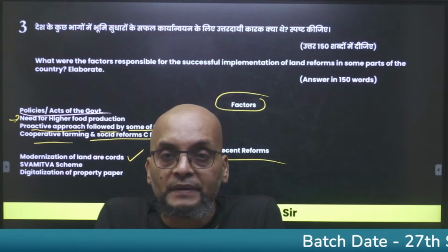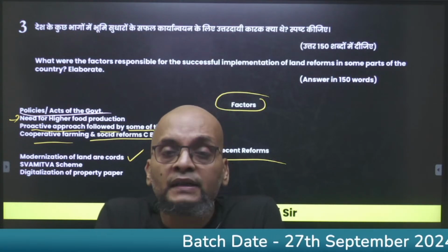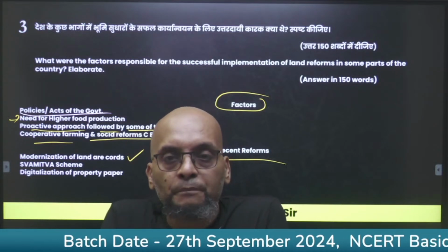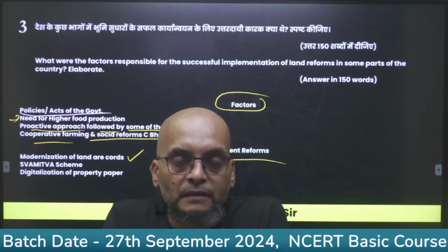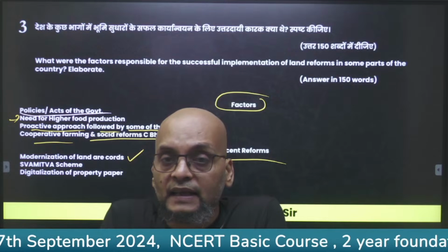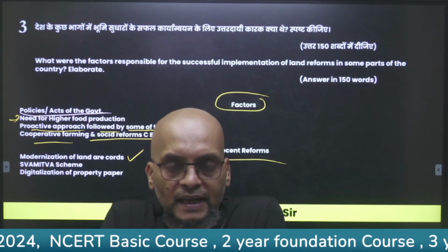Modernization of land records means that now the proper papers of land are available in the tehsils. Okay, not everywhere, but the process has started, and in many places the proper record of farming land is available in the tehsil, that to whom the land belongs, who is the owner, how much is the length and everything.